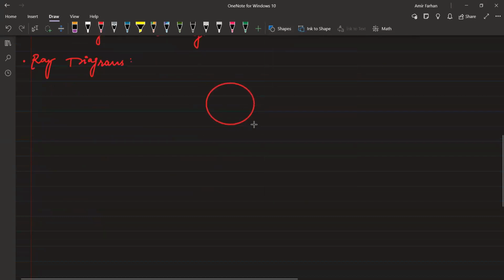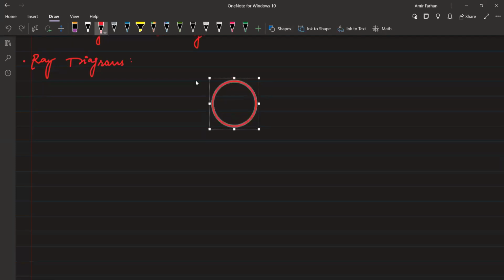Just a second, first let me write here. Okay, suppose this is a normal human eye. This is the eye lens, and rays are coming from infinity.